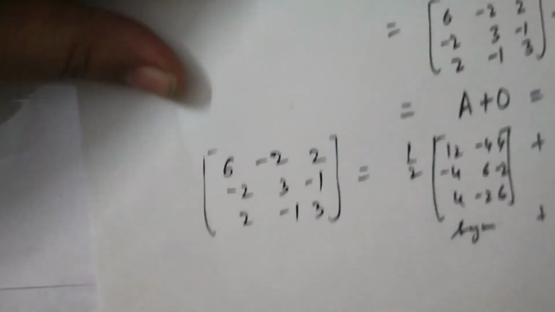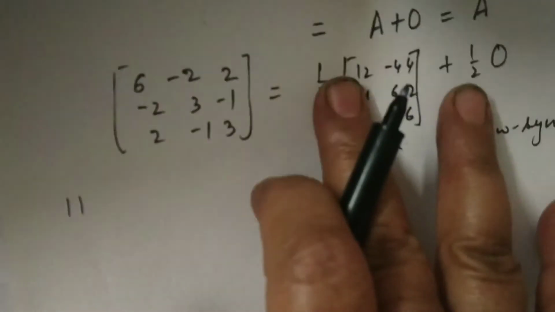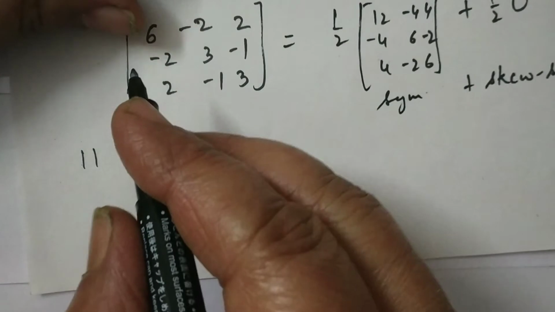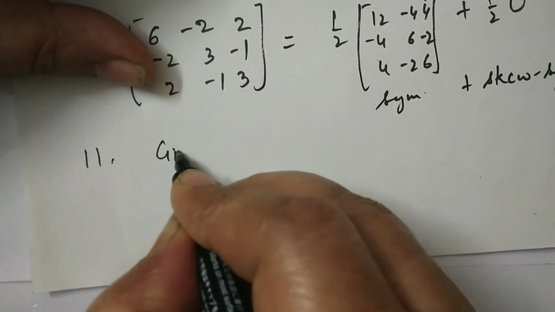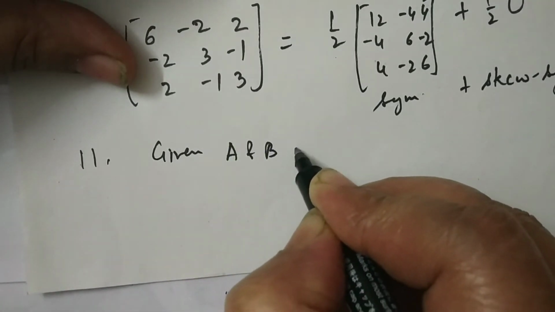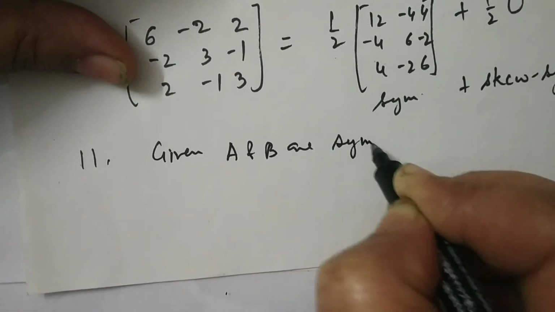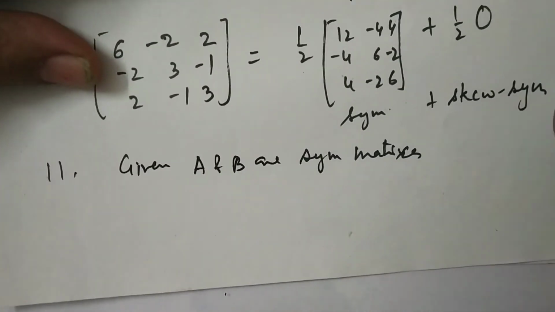This is question number 11. What is given? A and B are symmetric matrices of the same order.